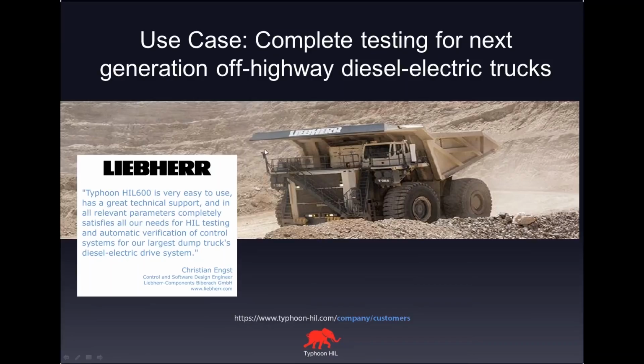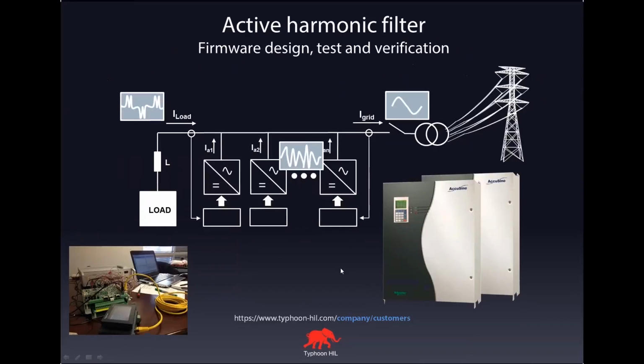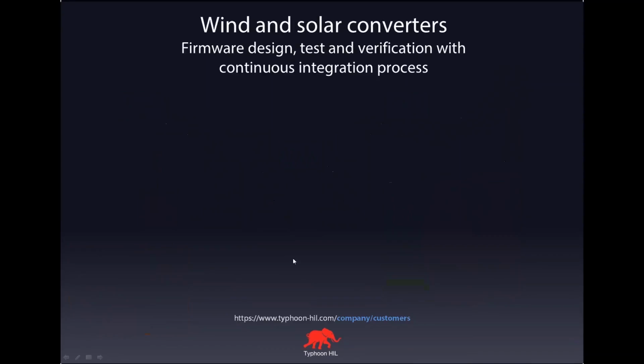Here is a very nice example from hybrid vehicle applications from Liebherr. Much more detailed testimonials can be found on our website. Another example from active filter applications, this is Schneider Electric in Oregon in the US. Here you can see the first commissioning, or the first test run, where the controller was connected just by simple wiring.